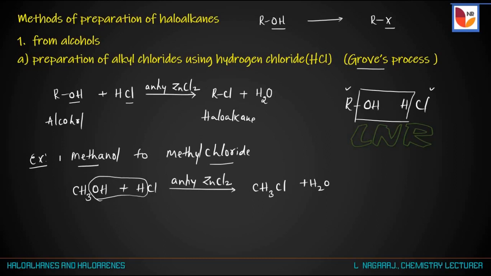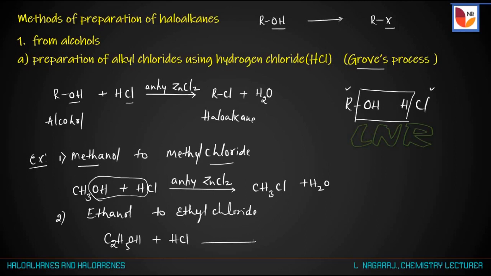And let us take one more example, that is conversion of ethanol to ethyl chloride. Ethanol is to be represented as C2H5OH, and this ethanol is to be treated with the hydrochloric acid in the presence of anhydrous ZnCl2.